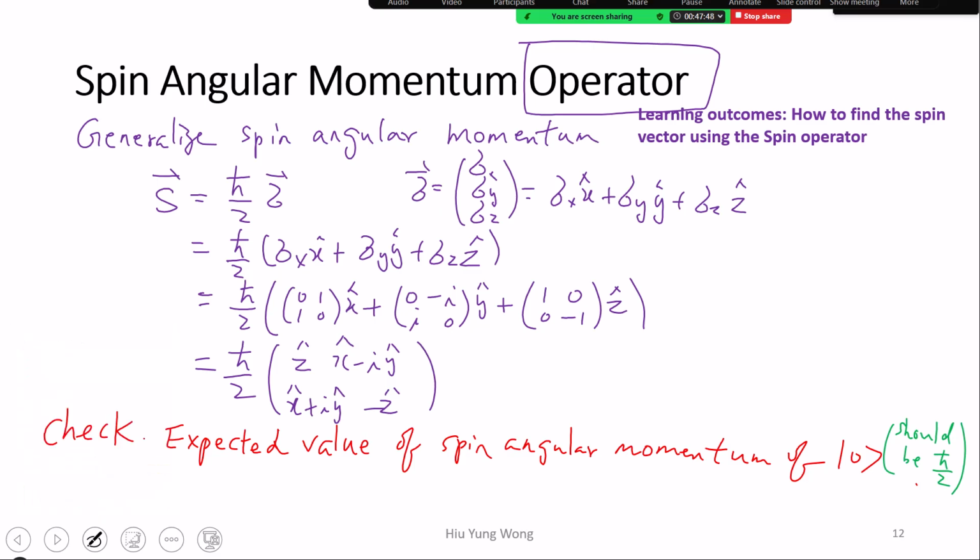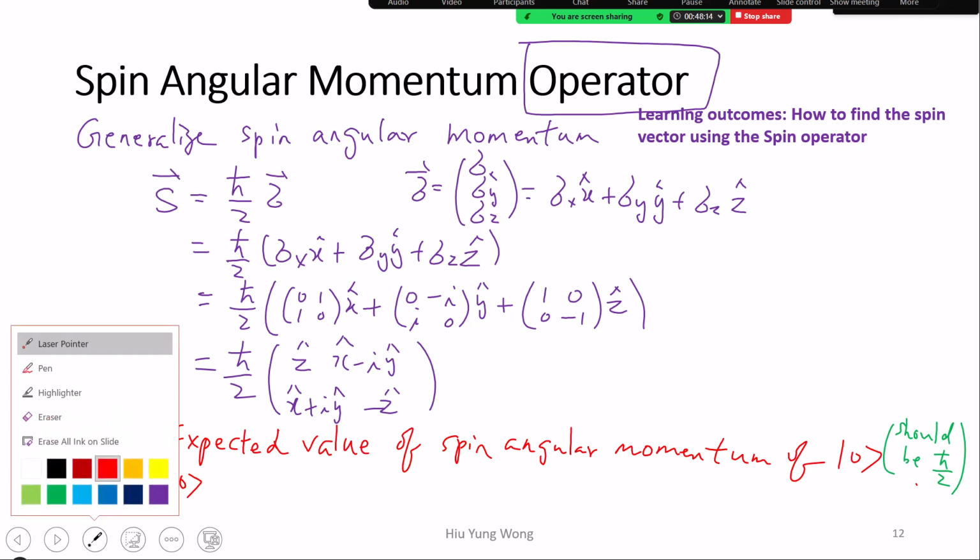Then what can we do? Find the expectation value. I put in 0 as the state, because this is the spin angular momentum operator. I put the state there, it will give me the angular momentum value of my state. But I only have one value because this is very clear. It's spin up. It's not a superposition of anything, right? It's h bar over 2.